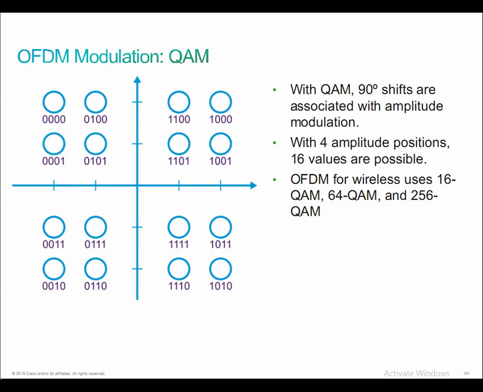The 4 amplitudes, null, low, average, and high, are multiplied by the 4 directions, which creates 16 different possibilities. This is why it's called 16 QAM. Now you can guess that 64 QAM and 256 QAM are going to use different techniques to represent larger bit sequences.